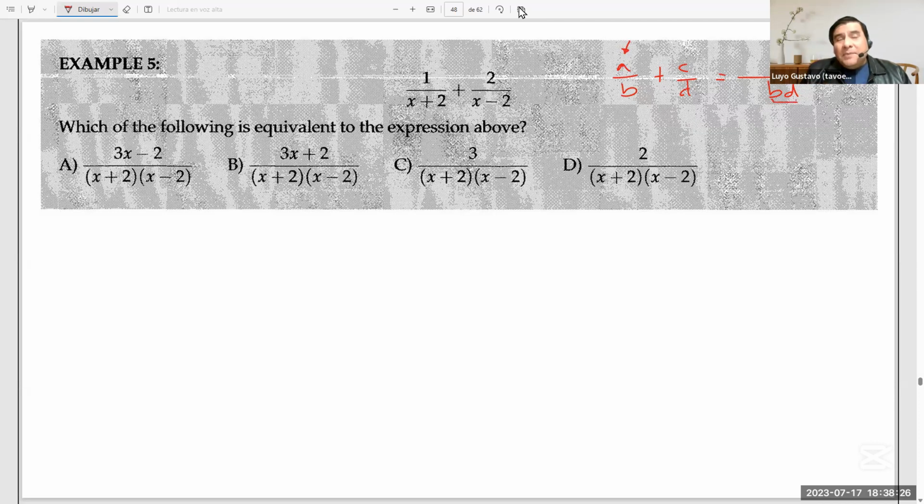Since b times d is b multiplied by d, we need to multiply a by d as well. And in the case of the second fraction, since d needs to multiply by b to get this denominator, we need to multiply the numerator by the same factor too. So b times c or c times b. So in the end, we obtain the sum of these two fractions like this.